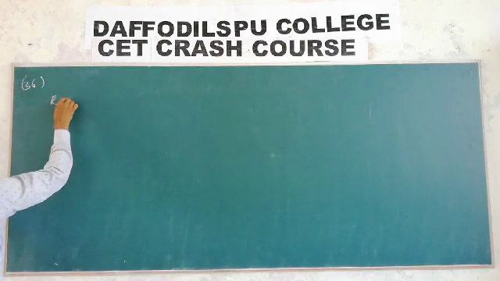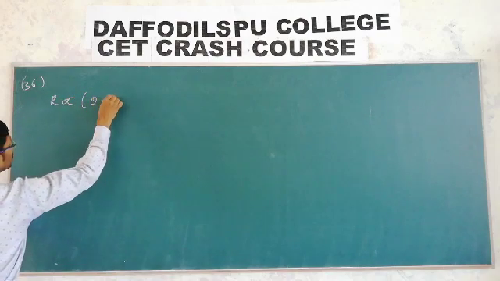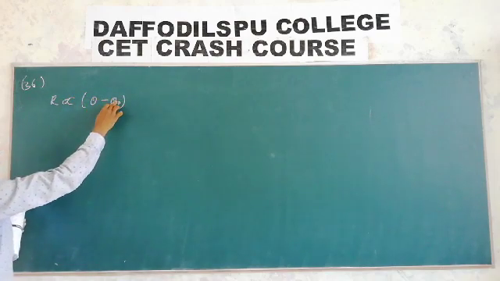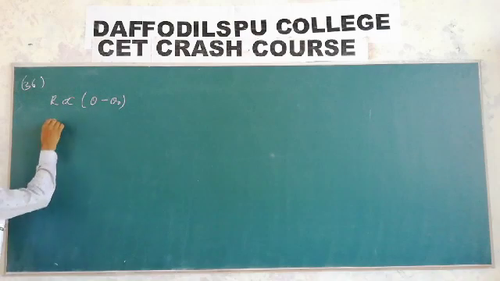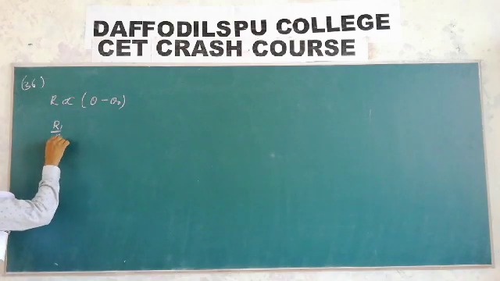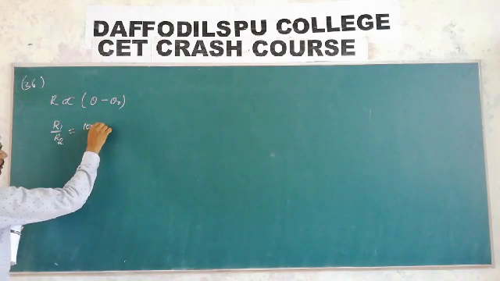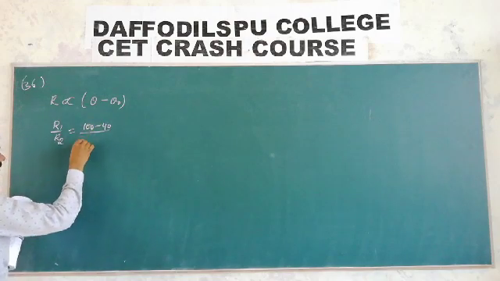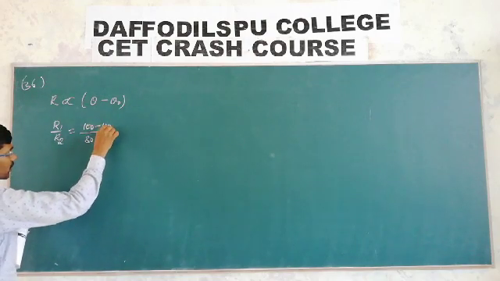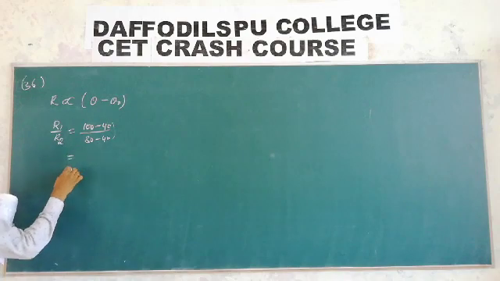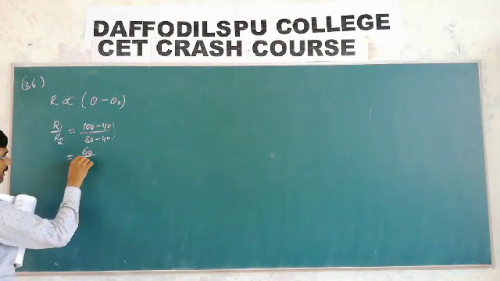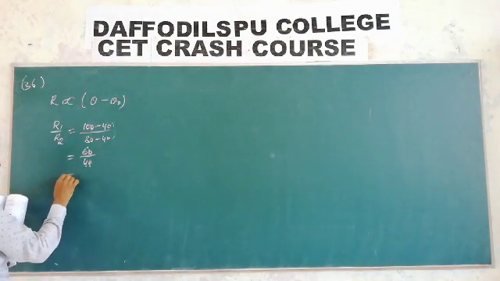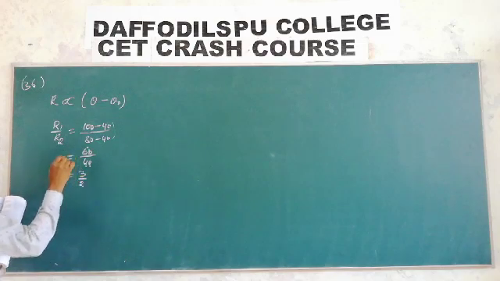Rate of cooling is proportional to the difference between the temperature of the body and the surrounding temperature. Then R1 by R2 is equal to 100 minus 40 by 80 minus 40, that is 60 by 40, which is 3 by 2, 3 is to 2.